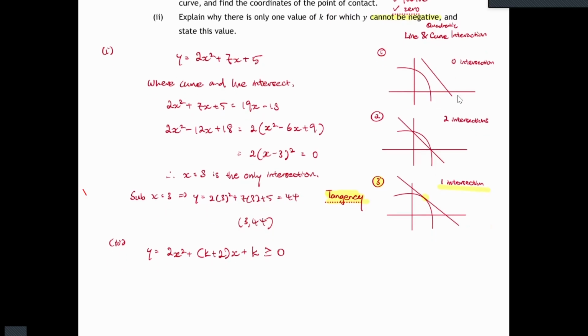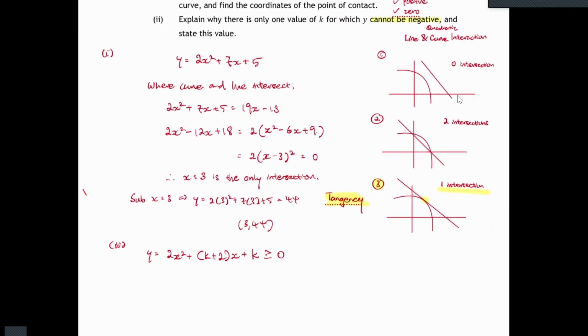And let's go through. When y cannot be negative, y can be equals to 0, or y can be positive. When y is positive, it is strictly positive. It has no real roots. When y is equals to 0, we can solve for the solution of the curve to find real roots.